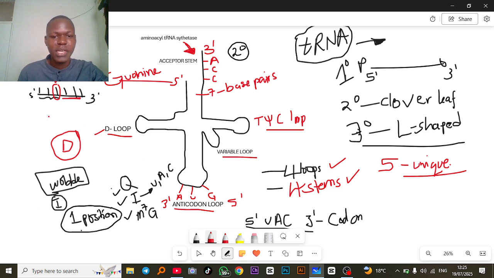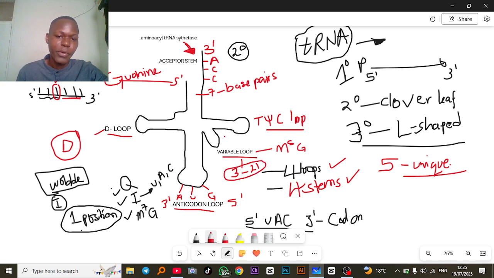For more information, check under translation. So, we can look at the variable loop. The variable loop mainly contains the unique bases, and not so much talked about, but we have what we call 5-methyl guanosine, and maybe the detail you may need about this is that it has a length of about 3 to 21 nucleotides.